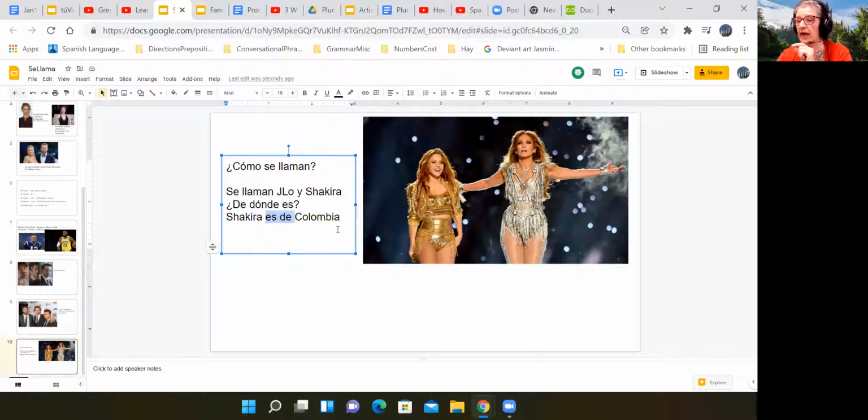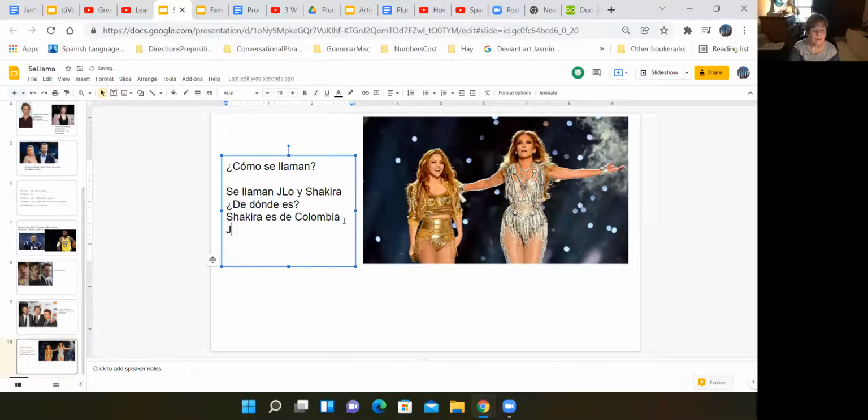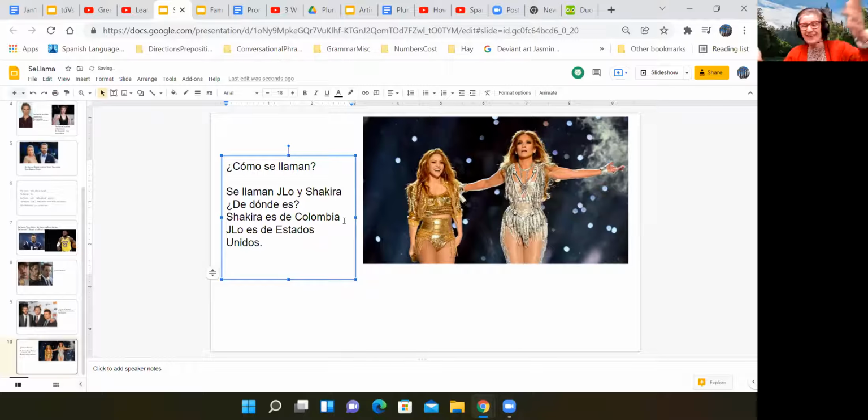Es de. Es de Colombia. J-Lo es de Estados Unidos. Bronx. Estados Unidos, yeah, Bronx o Nueva York. Más fácil, ¿sí? Es de Nueva York.